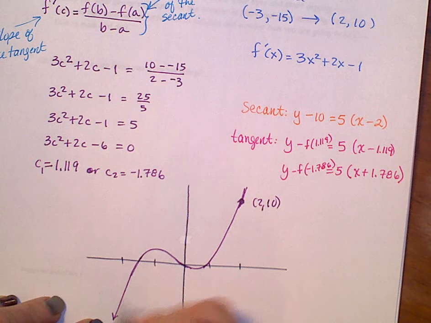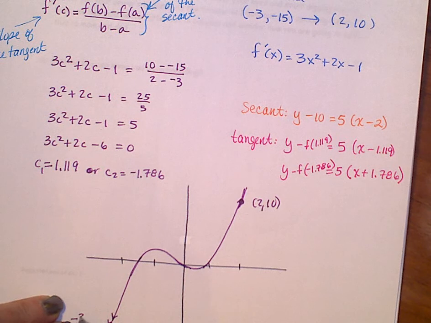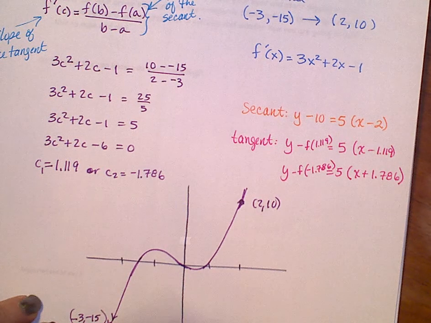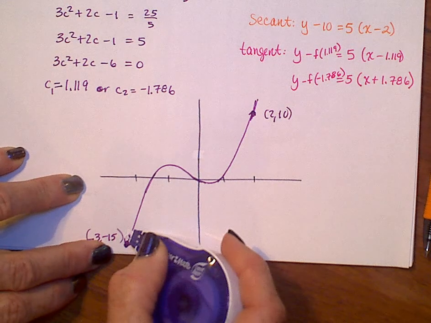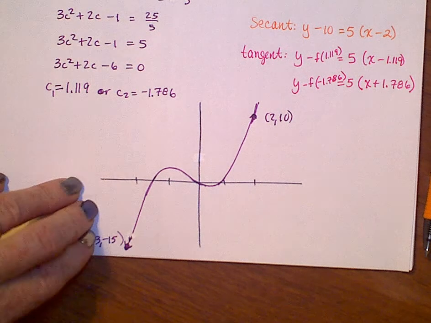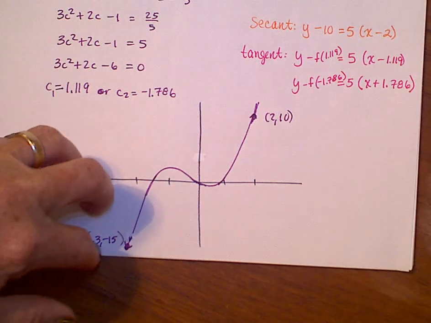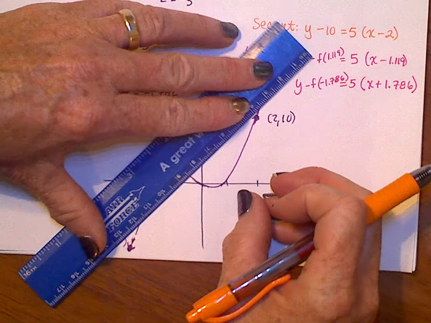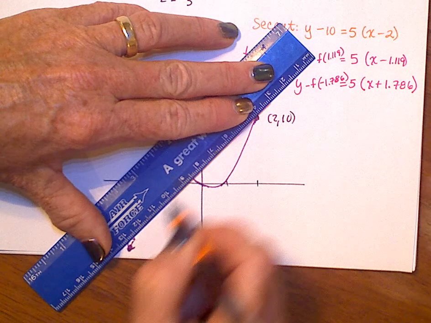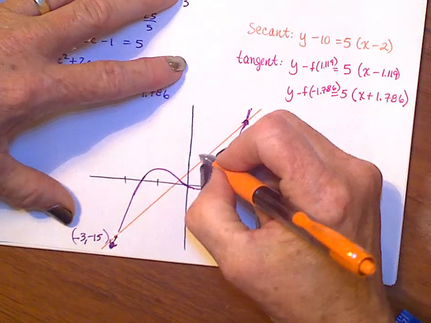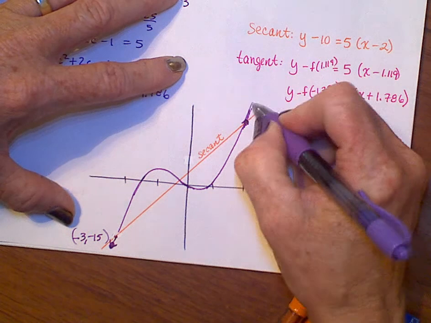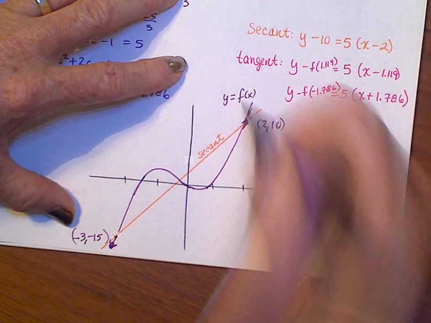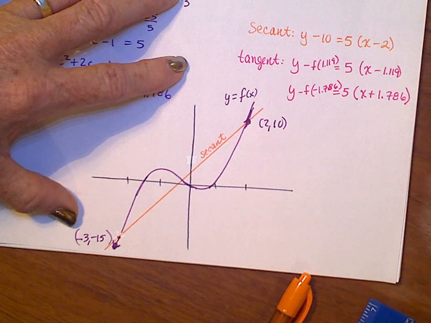Now I'm going to have to kind of adjust the scale a little bit here so we can see it. Here is negative 3, negative 15 down here. Then the secant line connects those 2 points. Here's the secant. This purple one here is y equals f of x. And our tangent lines.